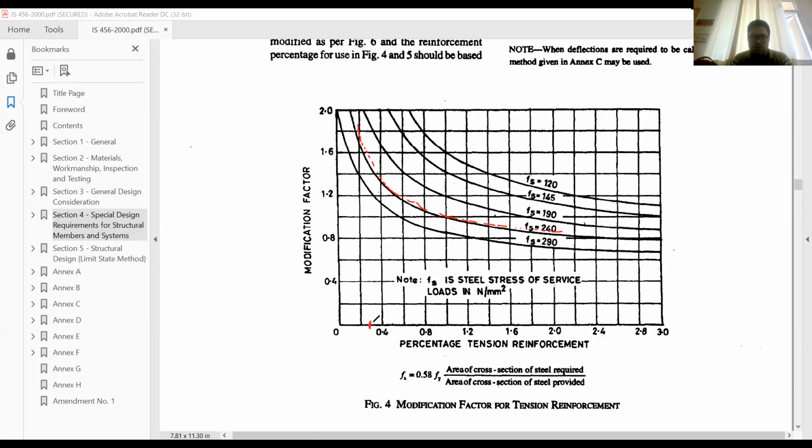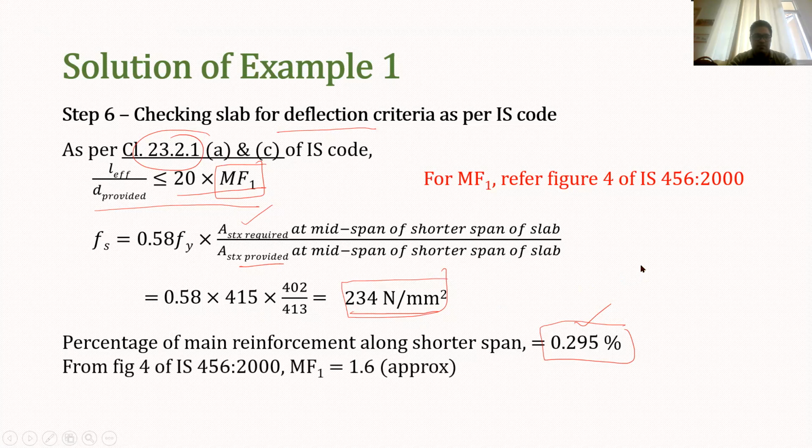Similarly, if we extend this line and cut the curve, it will cut something here. So the approximate value of modification factor for our case will be equivalent to 1.6. So moving to the slide again. So here we get the value of MF1 as 1.6.